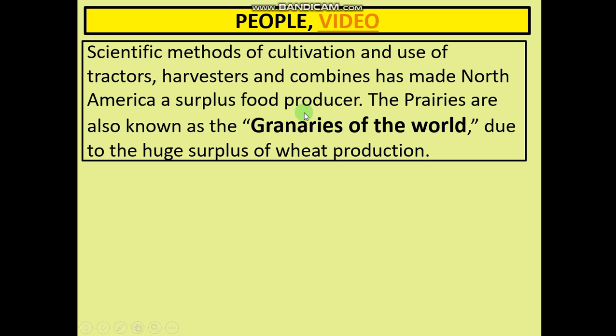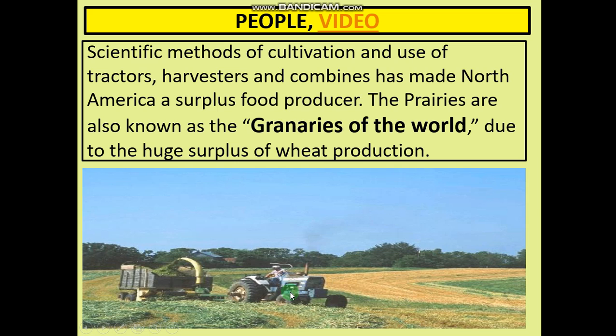Scientific methods of cultivation and use of tractors, harvesters and combines has made North America a surplus food producer, because the farmers of North America or Canada have started using very advanced technology in agriculture. But in our country, a lot of Indian farmers still depend on very orthodox and primitive means of agriculture.